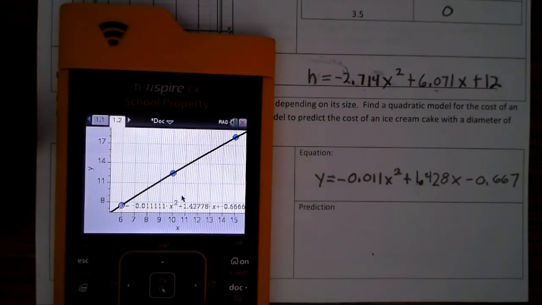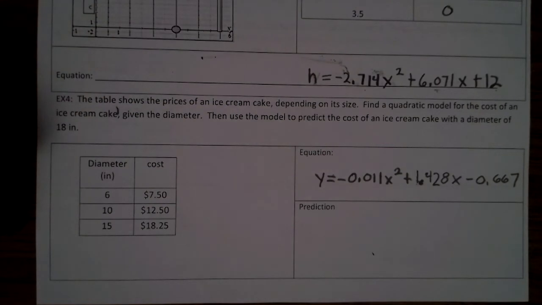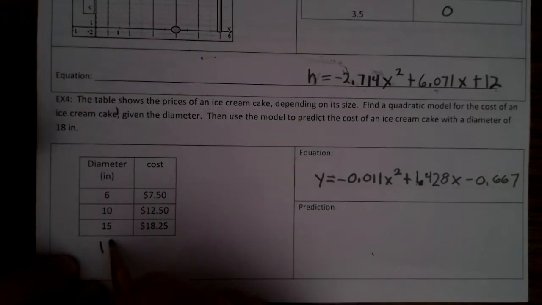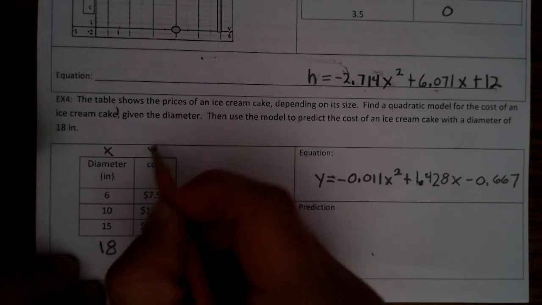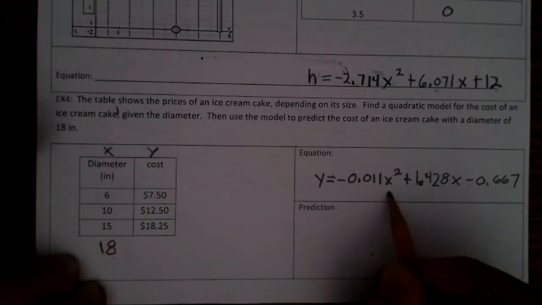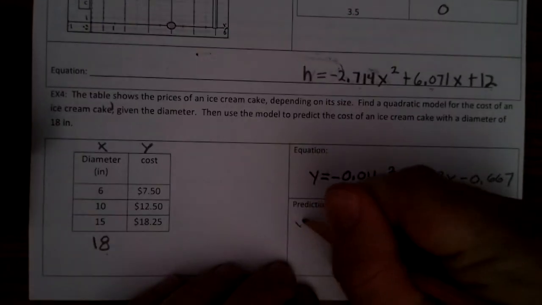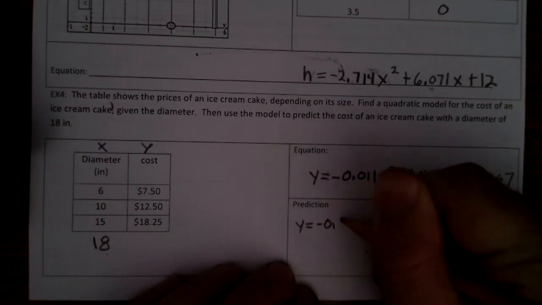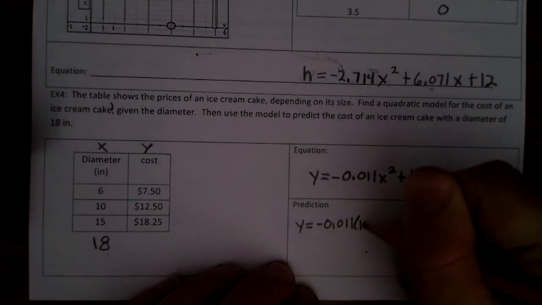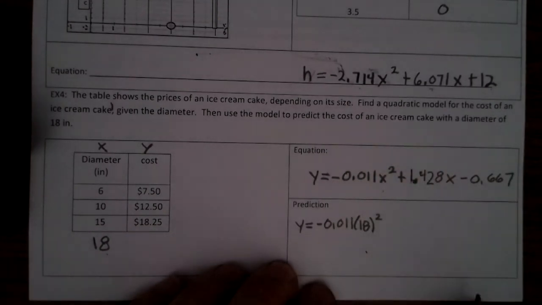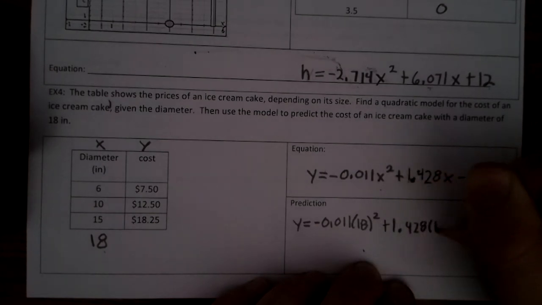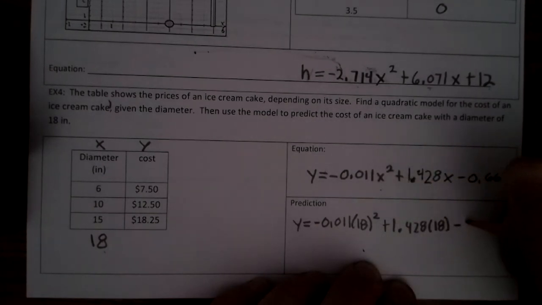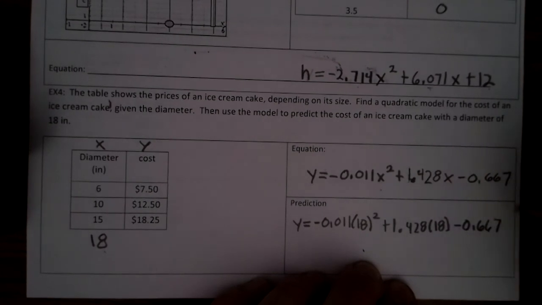All right, now to predict when the diameter is 18, the diameter is x, this is y, all we have to do is substitute 18 into our equation. So we have y equals negative 0.011 times 18 squared plus 1.428 times 18 minus 0.667.